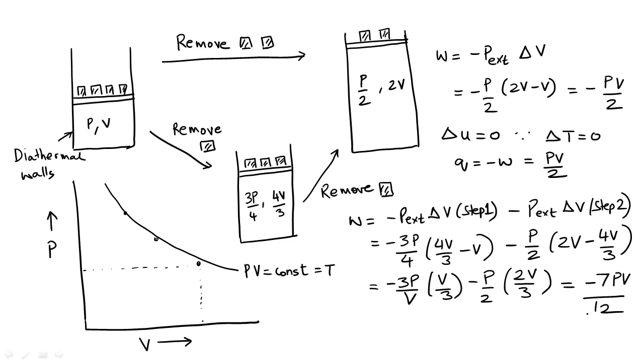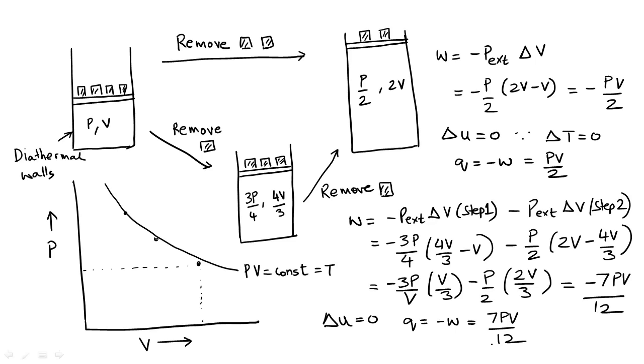Again, since the temperature does not change, delta U is equal to 0, and the heat absorbed is equal to the negative of the work, which is equal to 7 PV by 12.